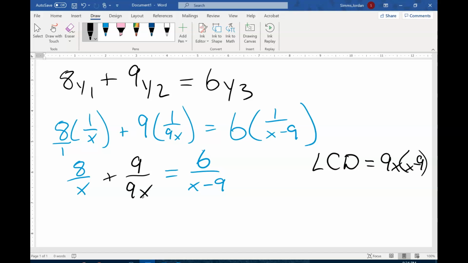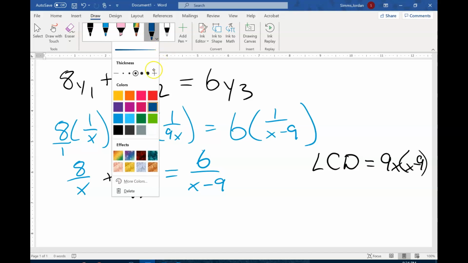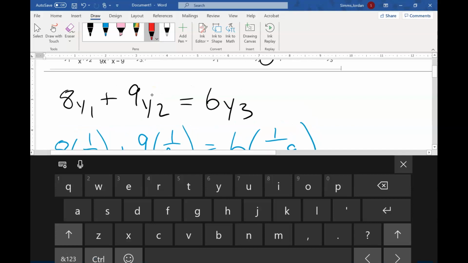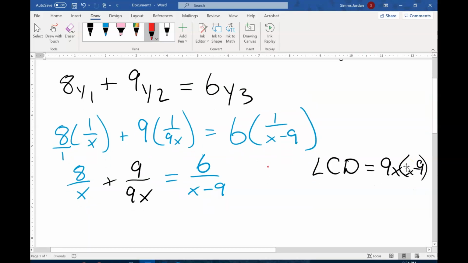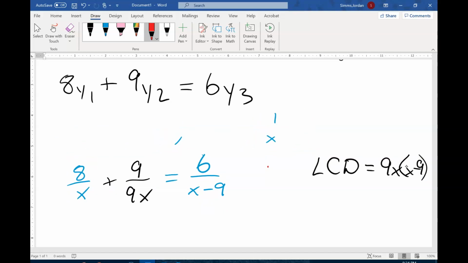How MyMathLab does this is kind of weird, so let me get a different color and I'll show you. I'll write it out each time and we'll see what happens. I'm going to write the LCD out every time.